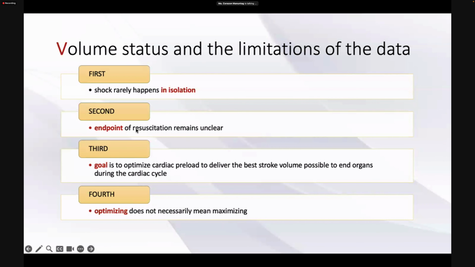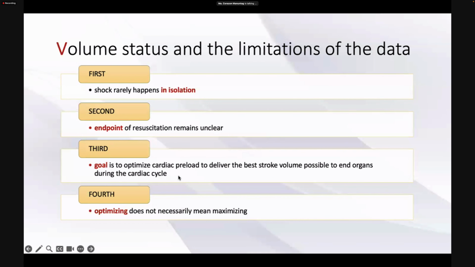Third, the goal is to optimize, so ito yon, cardiac preload to deliver the best stroke volume to your end organs. So that is essentially resuscitation, improving your stroke volume and delivery to your end organs. So, nandun ka sa endpoint ng resuscitation kung kahit anong dagdag mo, hindi na significant yung improvement in the delivery.